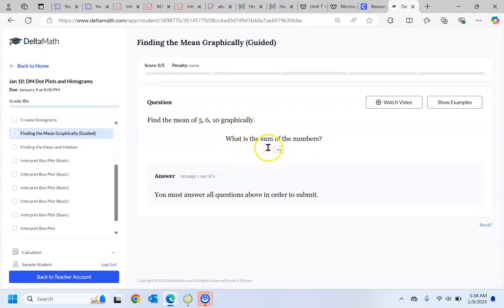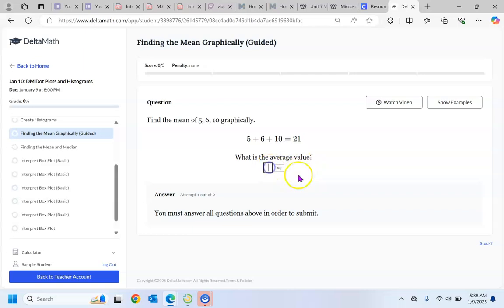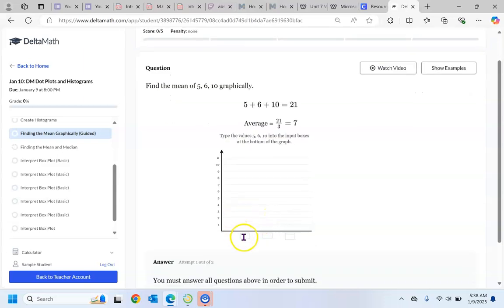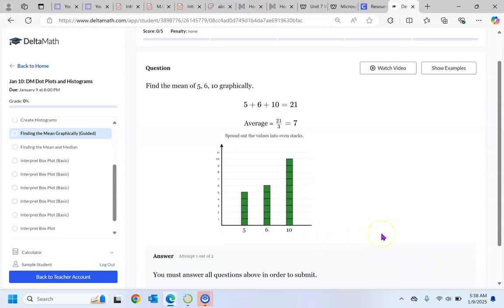Well, it says find the mean graphically. So you're going to add 5, 6, which is 11, plus 10, which is 21. And then the average, you're going to divide that by 3. That would be 7. And then type the values 5, 6, and 10 in here. Okay.